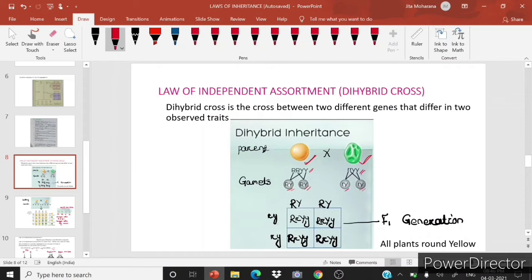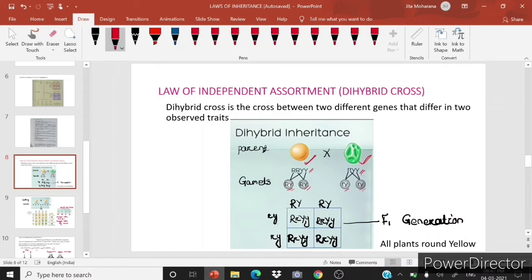How did it occur? Let's understand through this Punnett square. At the top of the square are the gametes from the round yellow seed plant, and the gametes from the wrinkled green plant are at the left side of the square.